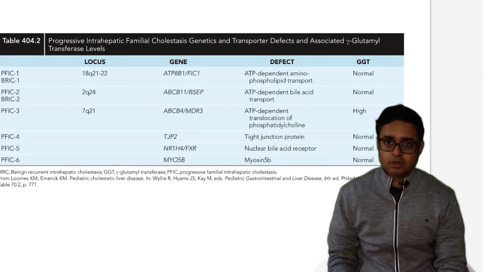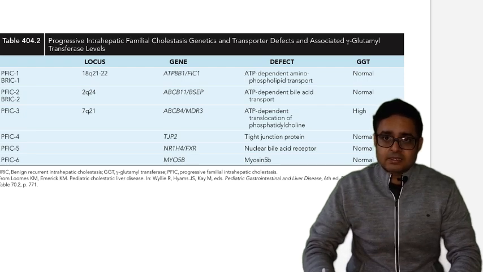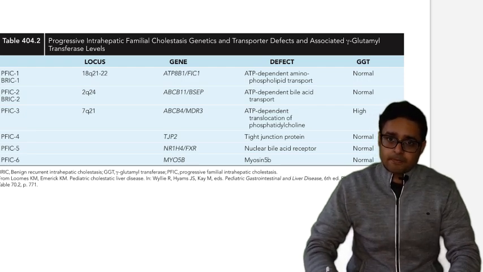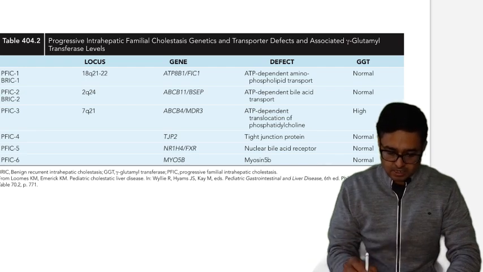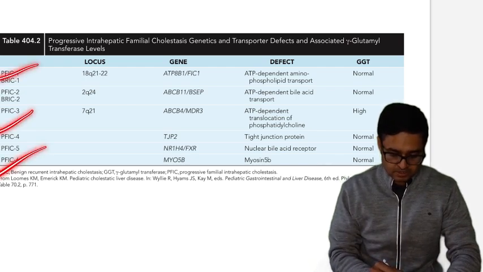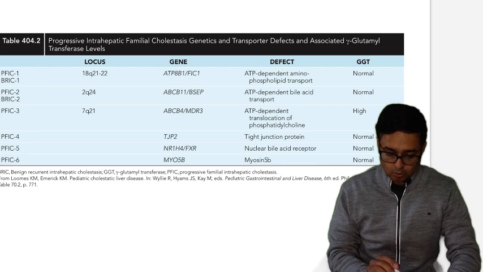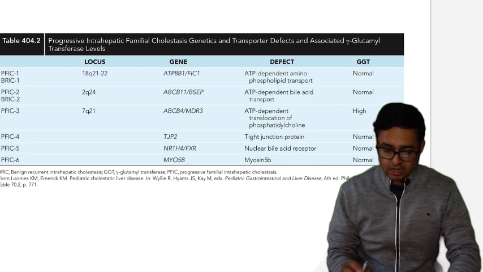Okay, we will classify PFIC on the basis of genetic variant, genes and their products. So PFIC is divided into six variants: PFIC1, PFIC2, PFIC3, 4, 5, 6. These loci and genes are important.